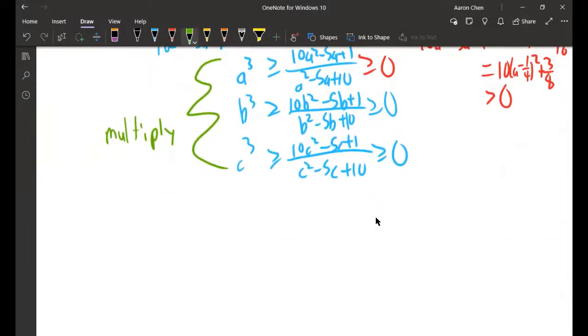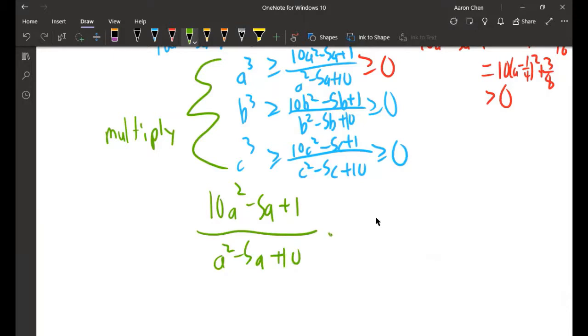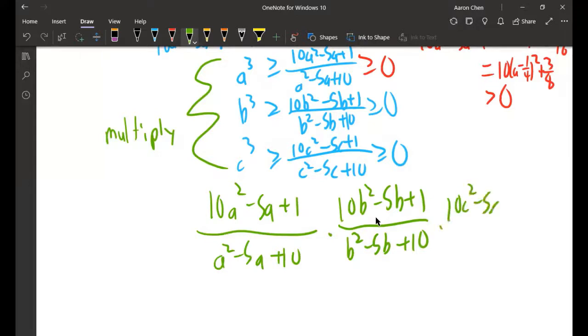And so what that tells us is 10a squared minus 5a plus 1 over a squared minus 5a plus 10 times 10b squared minus 5b plus 1 over b squared minus 5b plus 10 times 10c squared minus 5c plus 1 over c squared minus 5c plus 10 is at most a cubed, b cubed, c cubed.